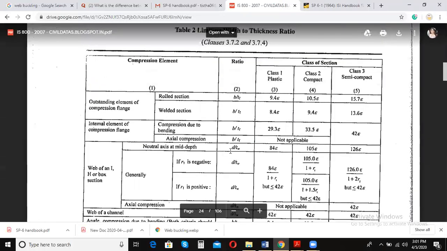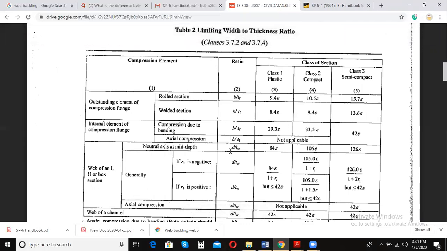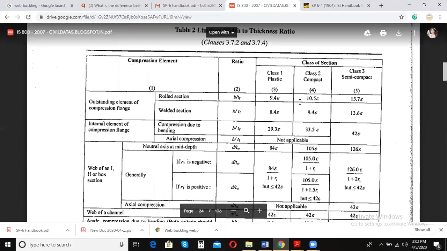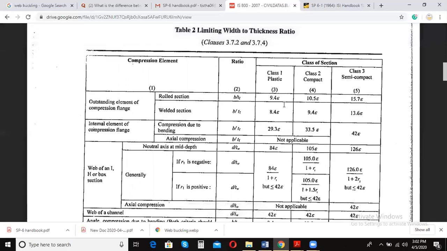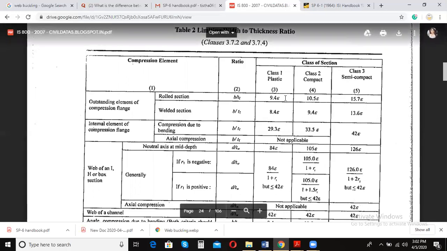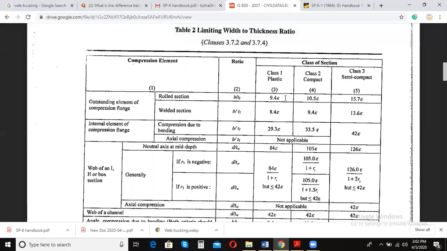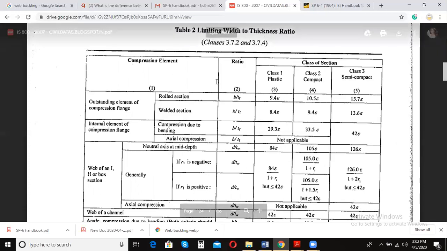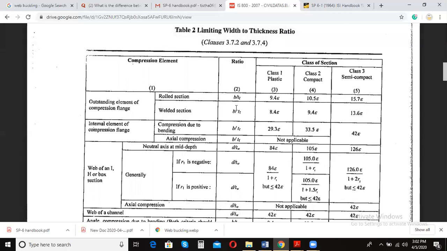Okay, so how will you do the section classification? First, you have to consider the flange and calculate some ratio and compare it with these values. Okay, see, for class 1 it is plastic. For flange, first let me let you know that the section which we have chosen is a rolled I section.